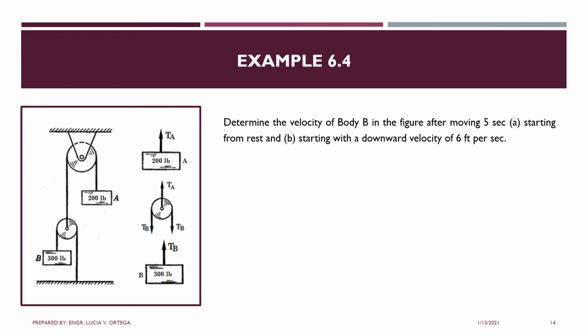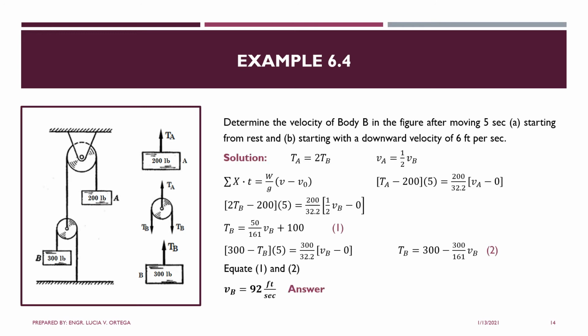Okay. So assuming A will move upward and B will move downward. T sub A will produce positive impulse and the weight is negative impulse. Block B will move downward, so the weight will produce positive impulse and the tension will produce negative impulse.